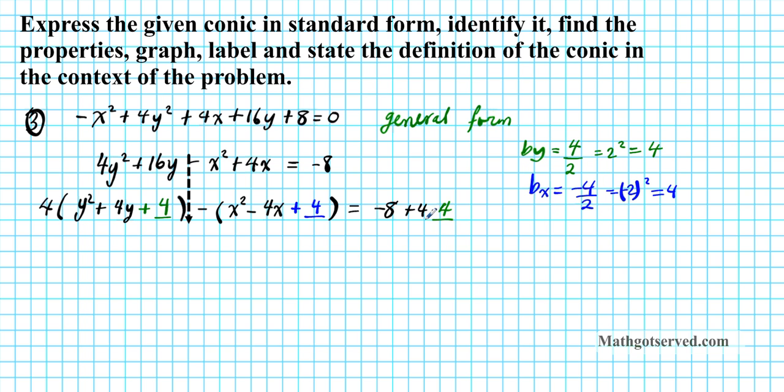This 4 is for the 4 out here, the coefficient, and this other 4 is the 4 that we added by completing the square. In the x world, imagine there's a negative 1 here, so it's going to be a minus. This term right here, 4, is the only thing that we introduced there, minus 4. Okay?